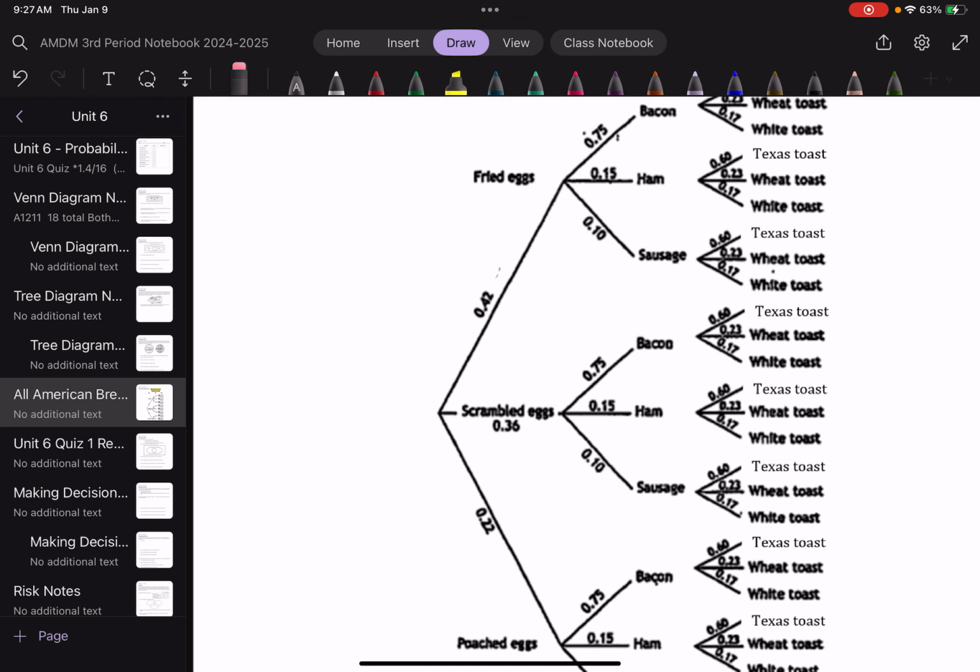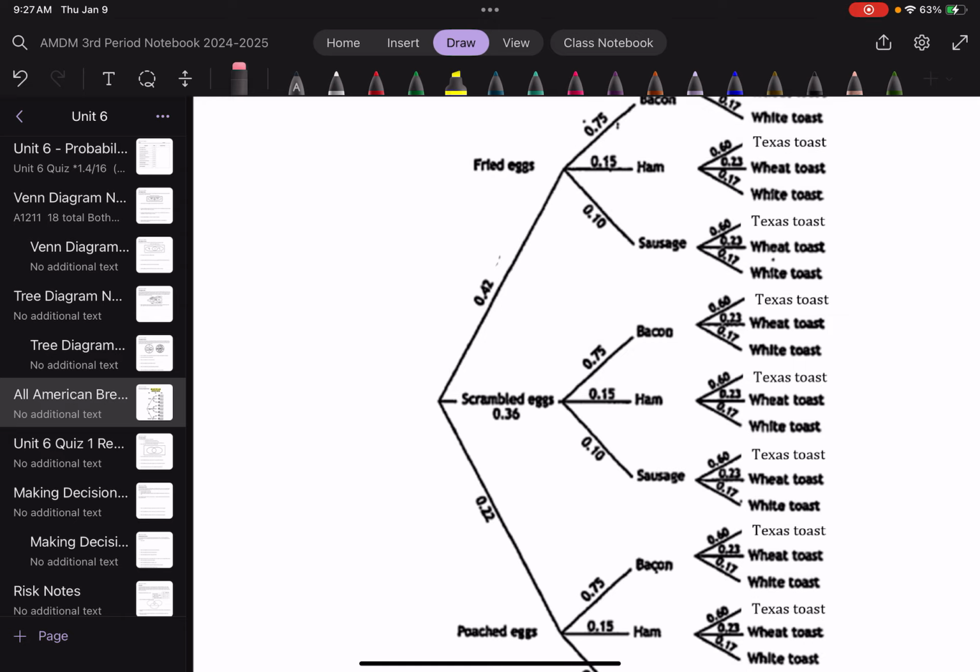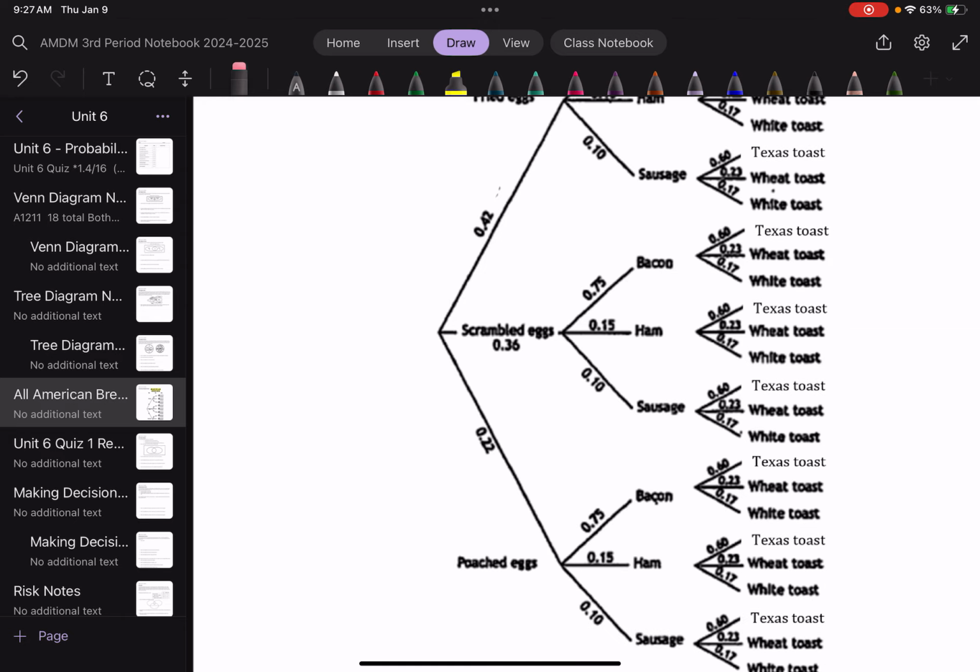Looking at how previous people have purchased, 0.42 or 42% of people purchased a fried egg, 36% purchased a scrambled egg, and 22% would buy a poached egg.